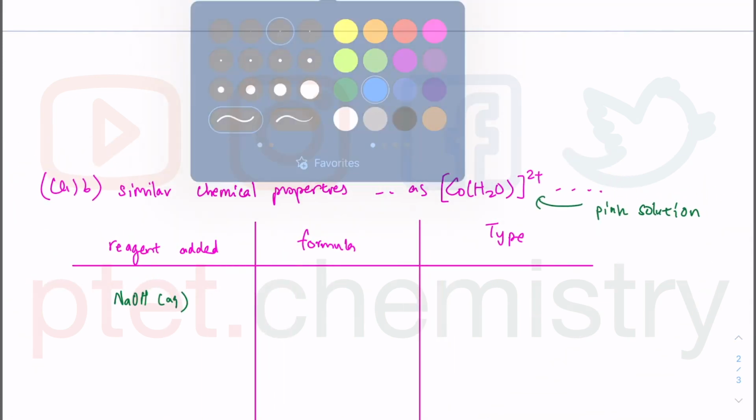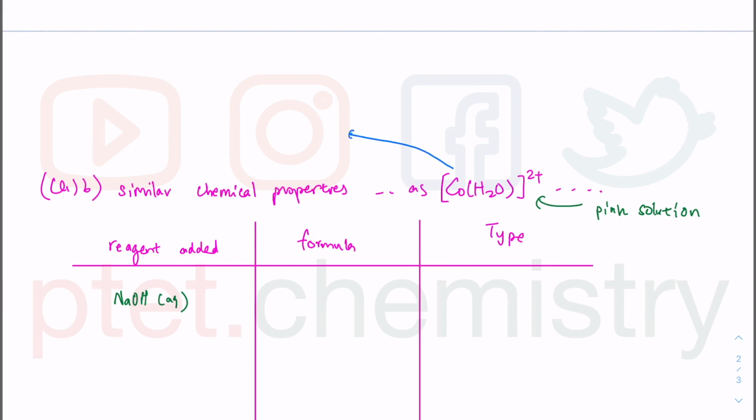With NaOH aqueous, I'll get cobalt 2 hydroxide, a blue precipitate. And if I have H2O2, the cobalt gets oxidized to cobalt H2O6, but now it's 3 plus, because it's the oxidation of cobalt 2 to cobalt 3.